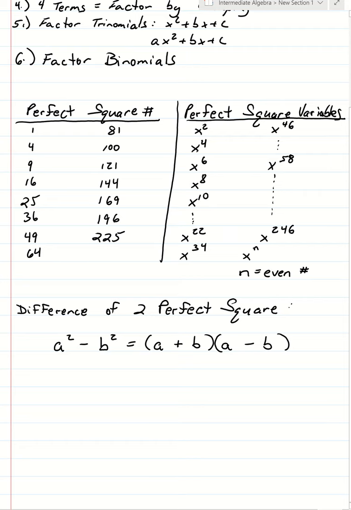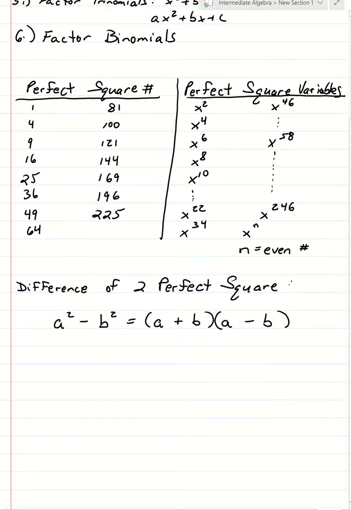That's the formula that we're going to follow when we look to factor down the difference of two perfect squares. Okay? Once again, a quantity squared minus a second quantity squared is going to equal a plus b times a minus b.